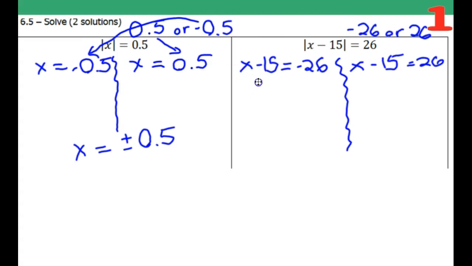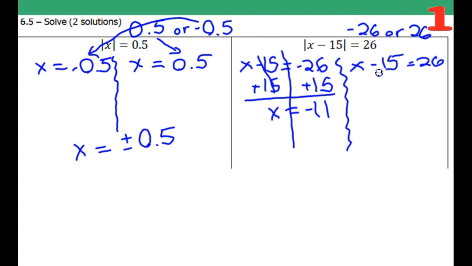Now we need to get x by itself, so we need to do the opposite of minus, which is add. We're going to add 15. These negative 15 and 15 are going to cancel out, so we're left with x equals negative 11.